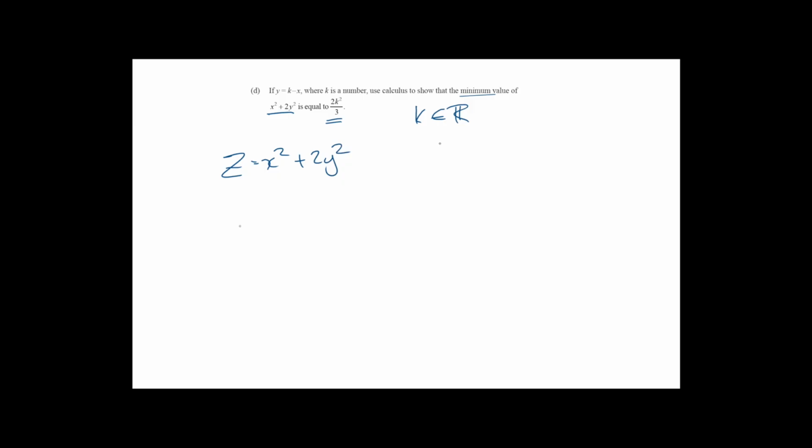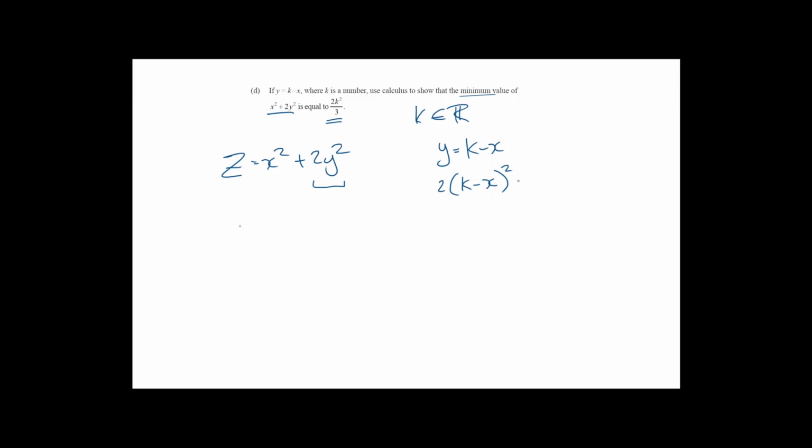So we know that y is equal to k minus x. So therefore let's work on this bit here. So 2(k minus x) squared is that bit there.